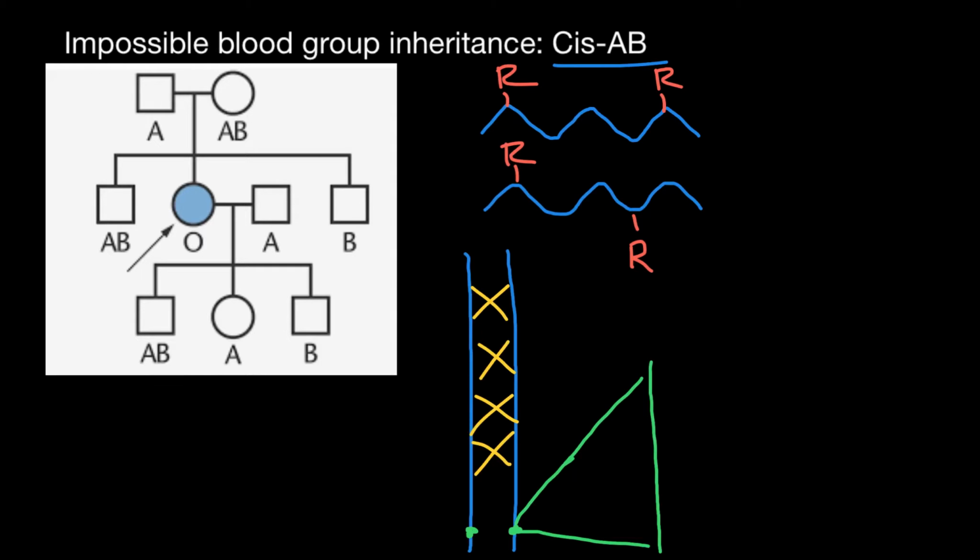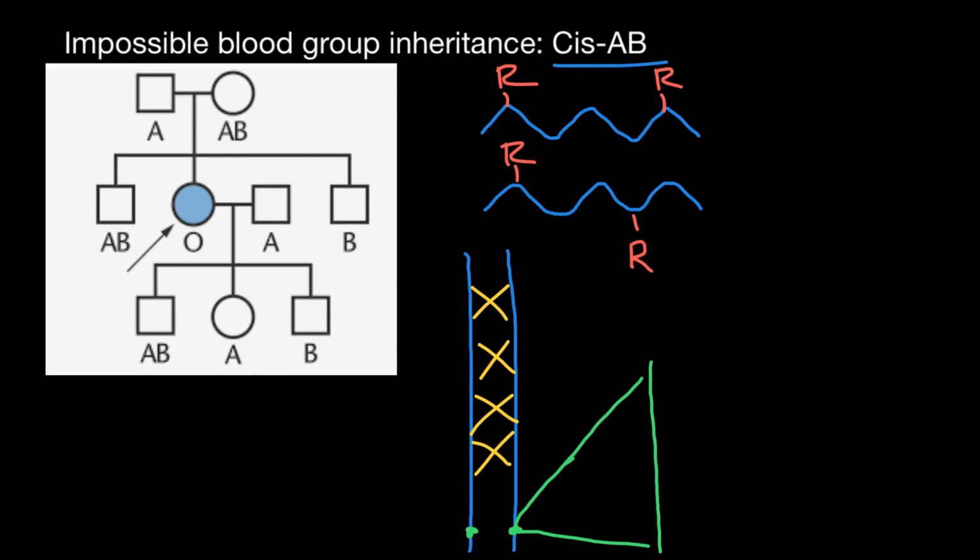Because genes are only 2% of our genome, so 2% of the chromosome would be sequence that codes for certain proteins, and the remaining 98% would be non-coding sequence. So when we have crossing over, usually it happens outside the gene, outside of the exons.